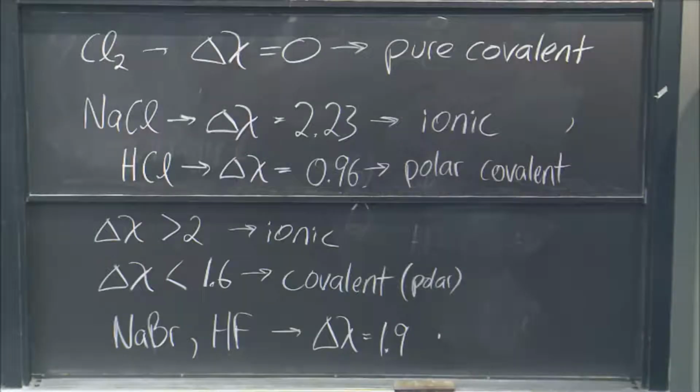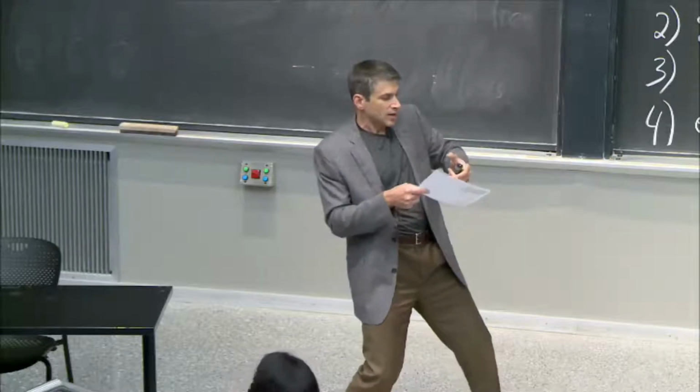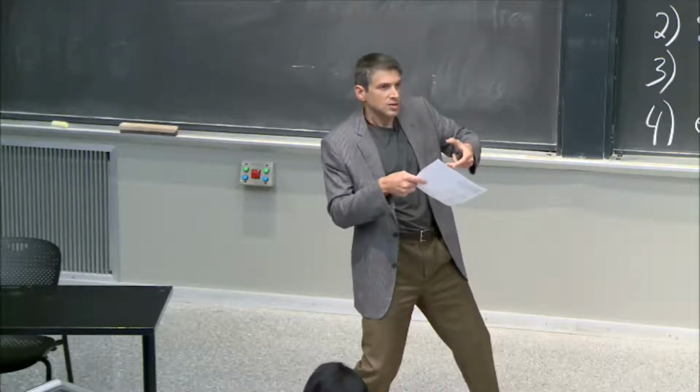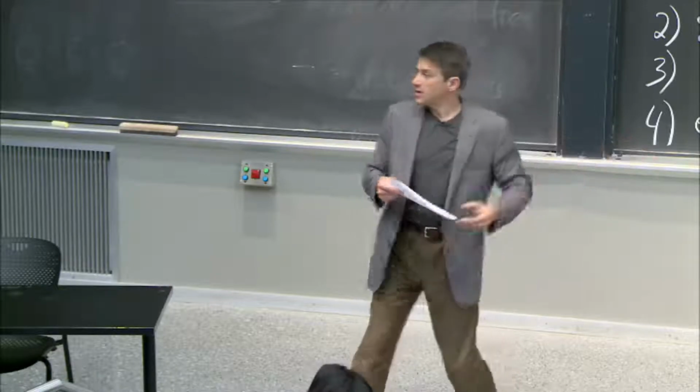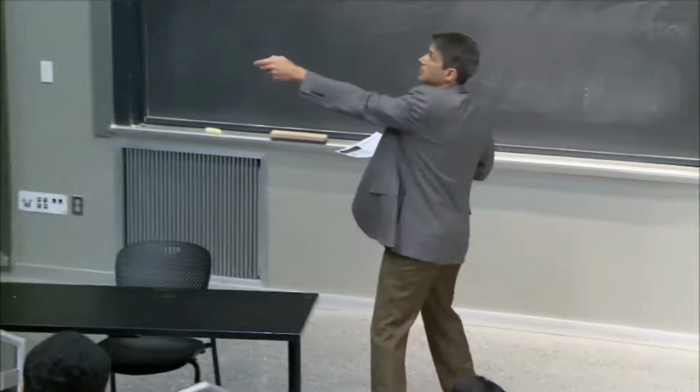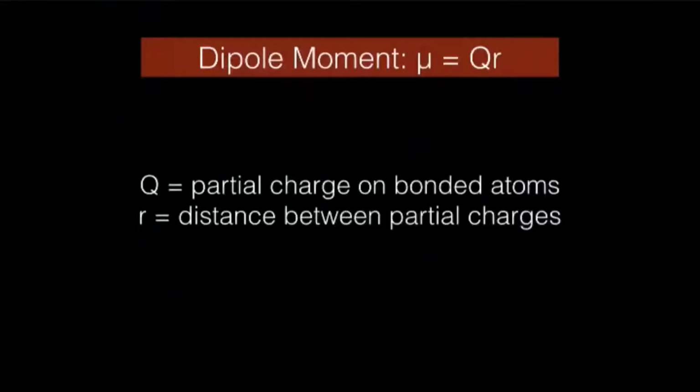Tendency to pull a shared pair of electrons, I pulled it over here, so I created a little more negative charge on me and a little positive charge over there, and that meant that I've got a partial charge now separated by a distance, right? And so you can actually use this to get quantitative. So let's do sodium chloride.